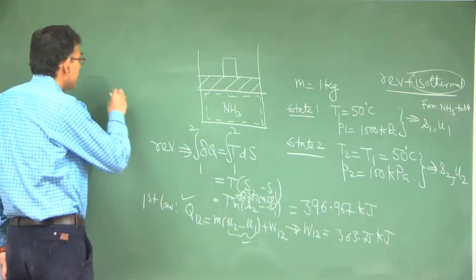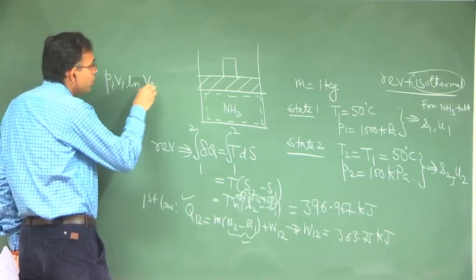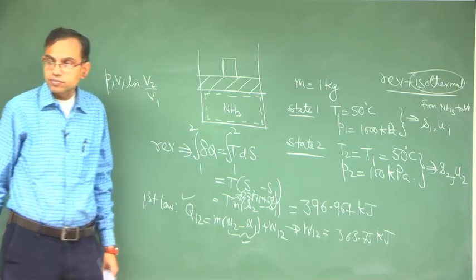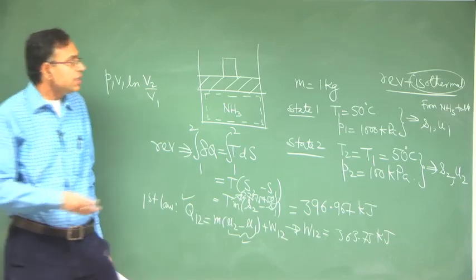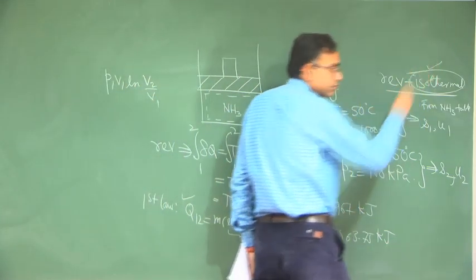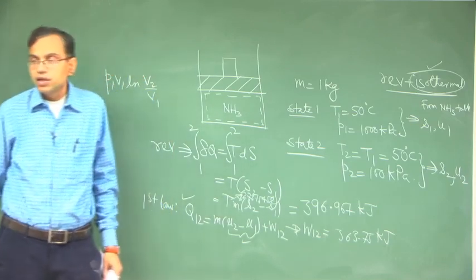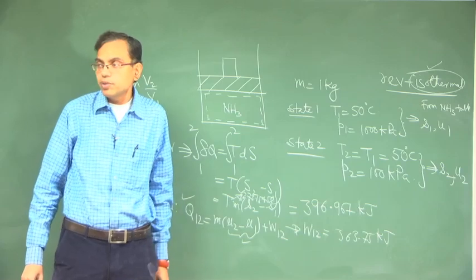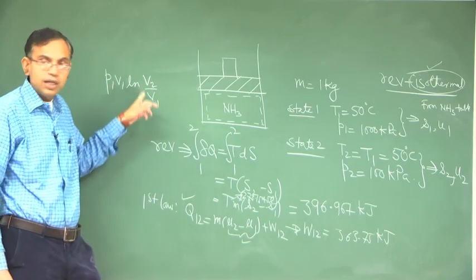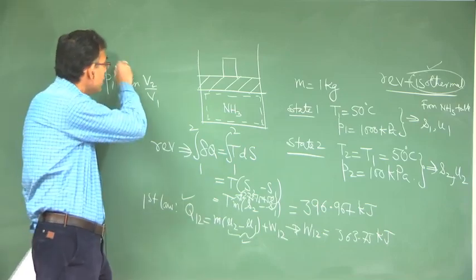The answer that students write is that P1 V1 ln V2 by V1 is the work. Why? Because of the keyword isothermal. For an isothermal process, from school they have learned that integral PdV gives P1 V1 ln V2 by V1. This is completely wrong here.